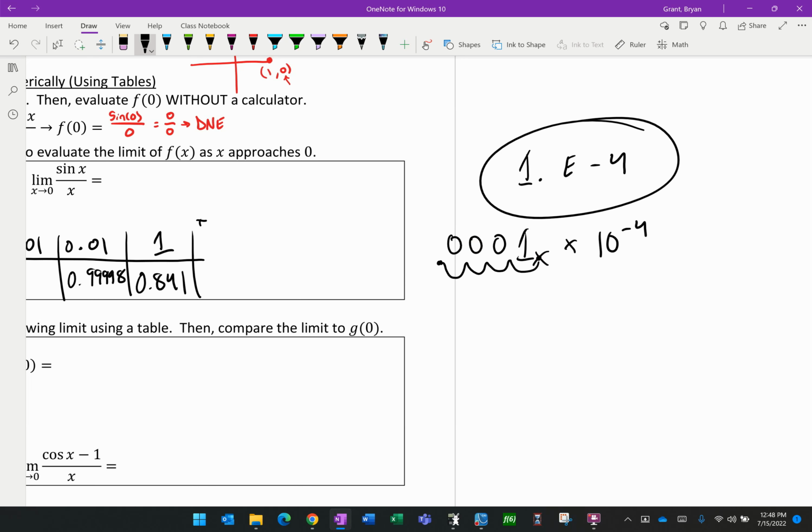Your calculator will use this pretty often with large or small decimals. So just remember that depending on if it's positive or negative, it means either a very small number, or if you had something like 1e 10 to the 20th, a huge number, right? That would be 20 decimals to the right. Okay, and it does that to save space.